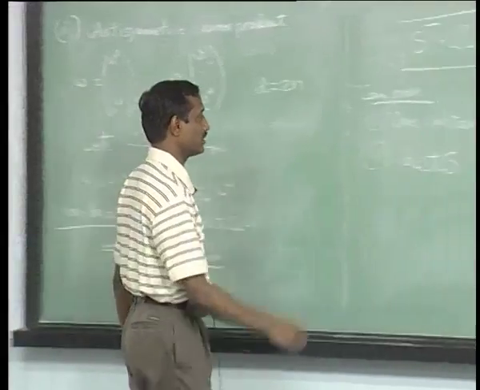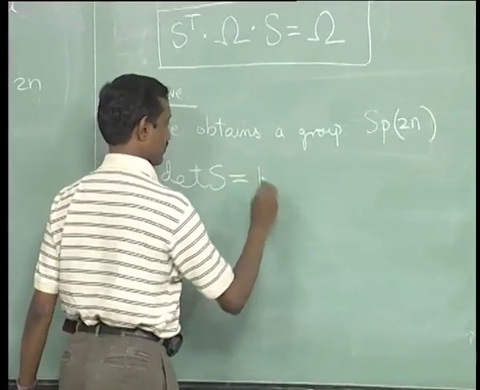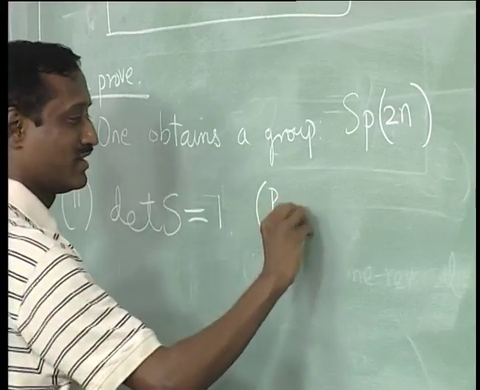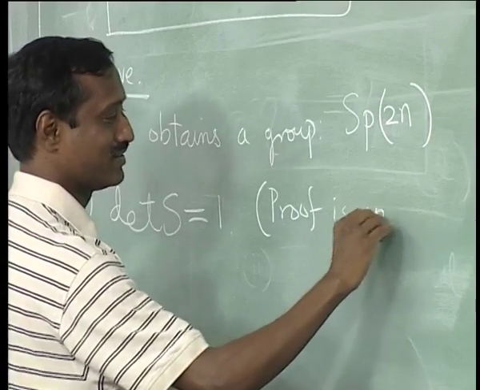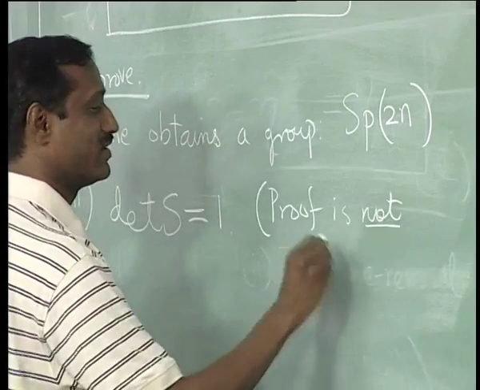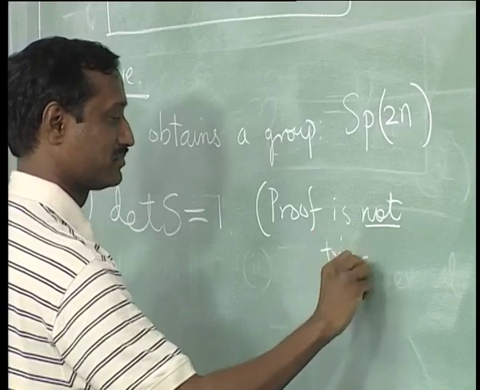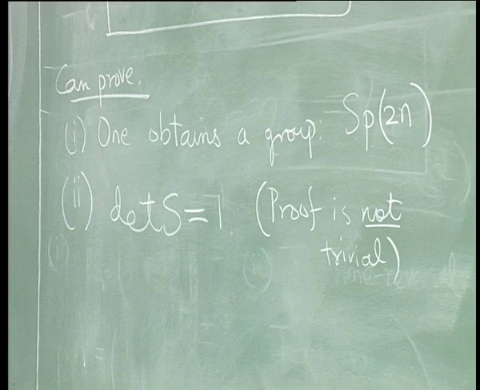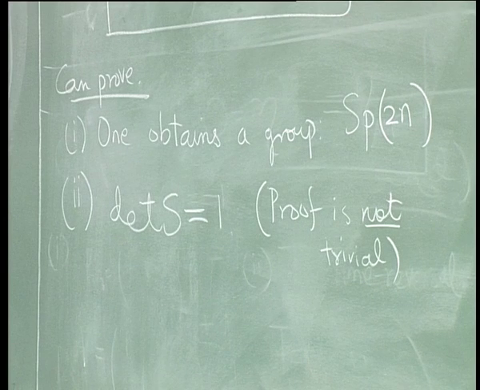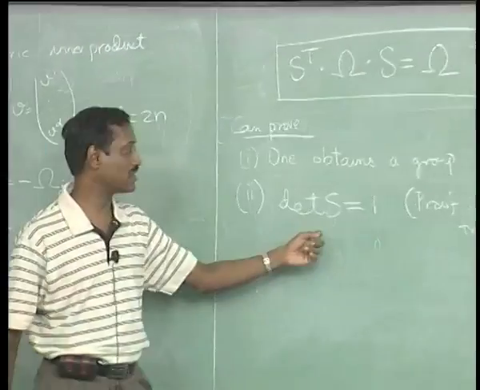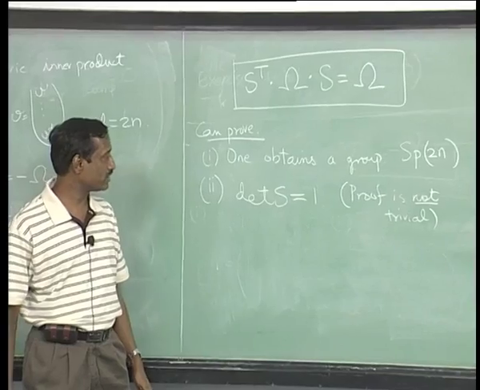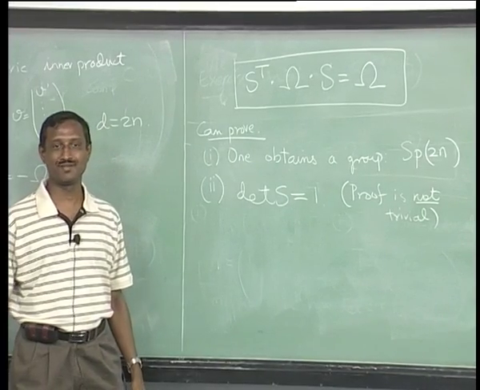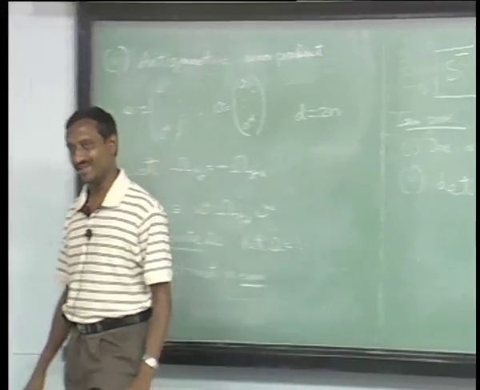It turns out the proof is not so simple, it is not trivial, somewhat tedious. There are different proofs and it is a hard exercise, you have to play with it and use certain definitions. You can prove that this is actually strong enough to imply that determinant of S equals 1. So, there is no minus 1 in this case.